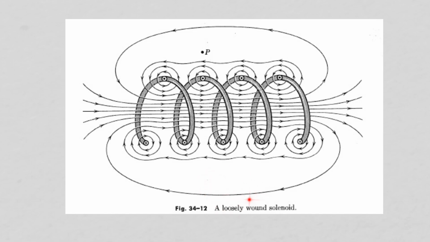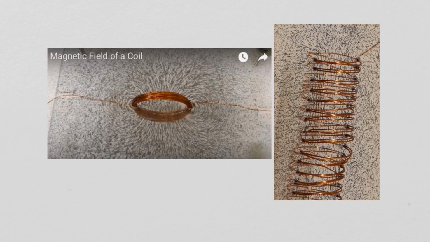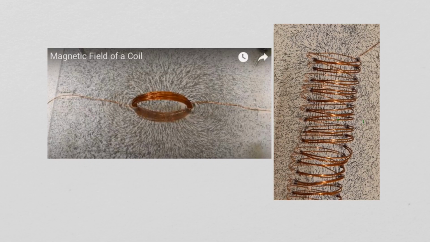Here we see the magnetic fields generated by two different coils using iron filings. For this short length coil, you can see the strong field inside and how the field lines quickly fringe out as they have to loop back around, and the field gets weak outside the coil.